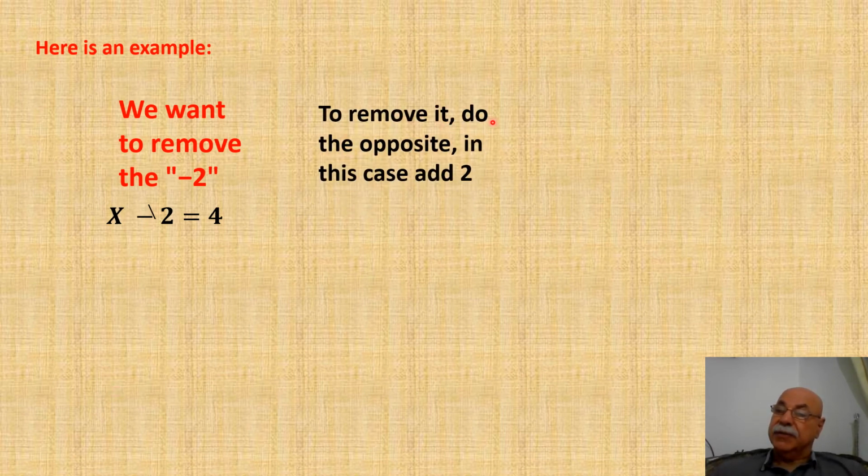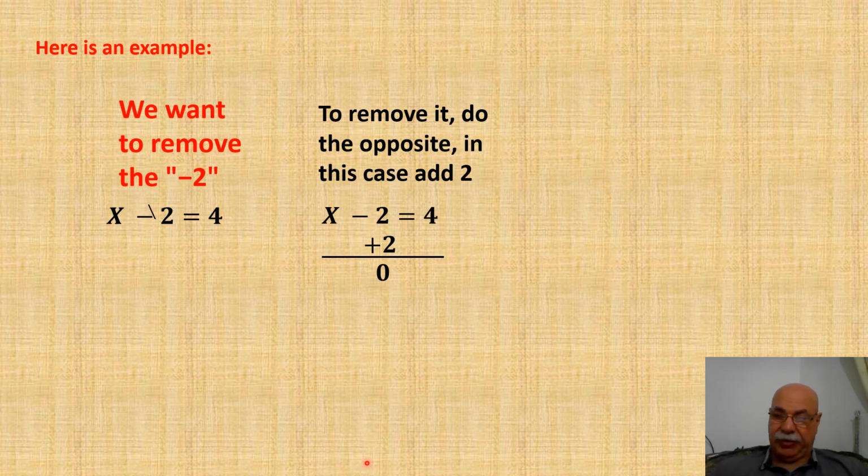To remove it, do the opposite, in this case add. How can I make the remove process? I add 2 to this side, and this side too. Step by step with you: I remove this, I add 2 here in order to get 0. Now it becomes only x equals 4.